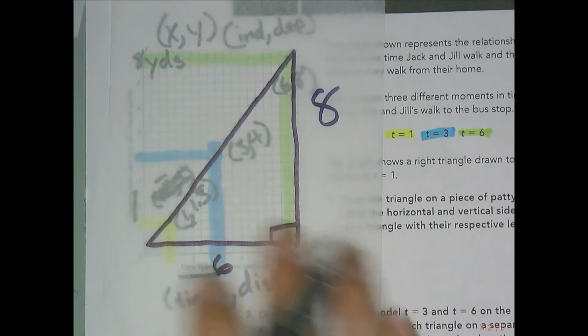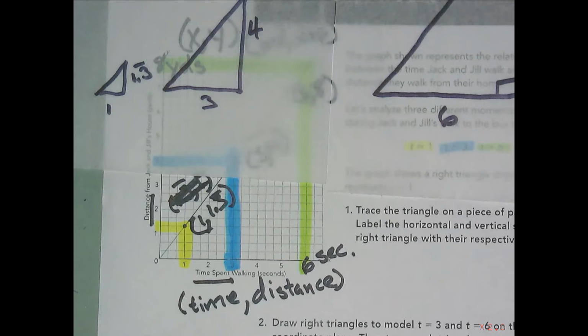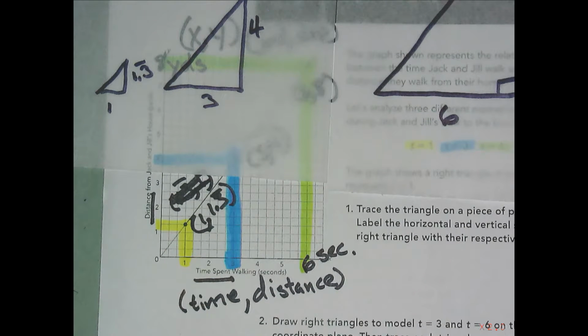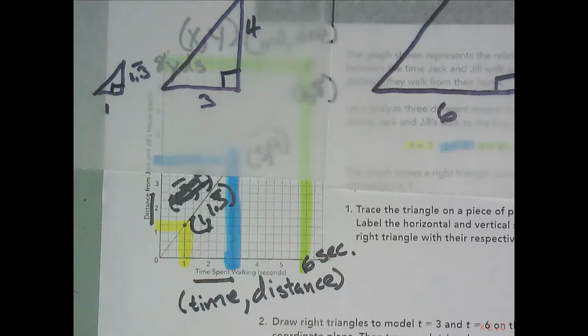So I have these 3 triangles that I've sketched and traced on patty paper and then labeled their respective lengths. And it says draw right triangles to model these ratios. Then put each triangle on a separate piece of patty paper, label the horizontal and vertical sides of the right triangle. And then it says determine the steepness of the triangle by writing the ratio.